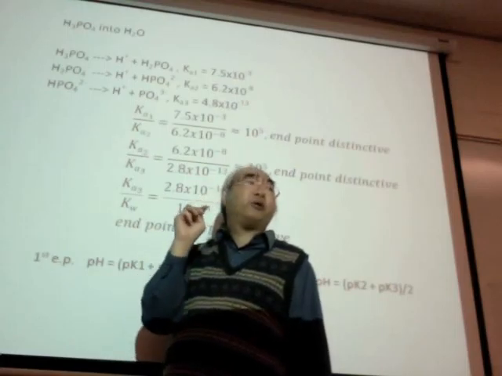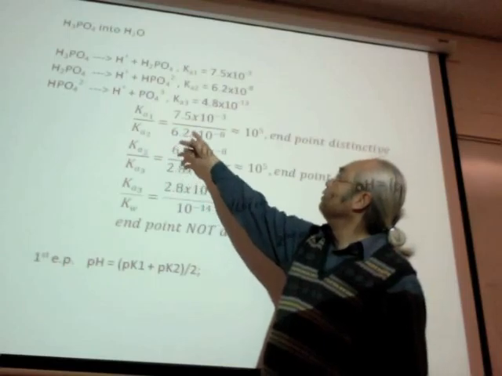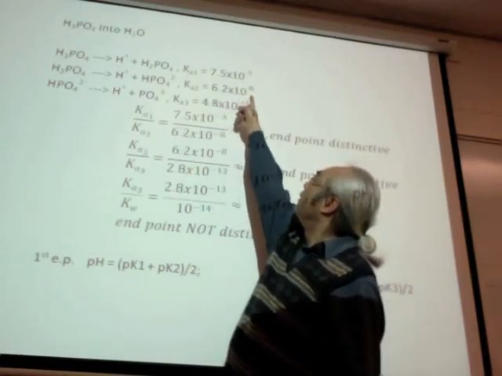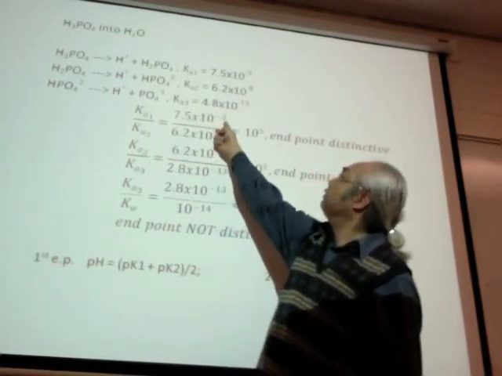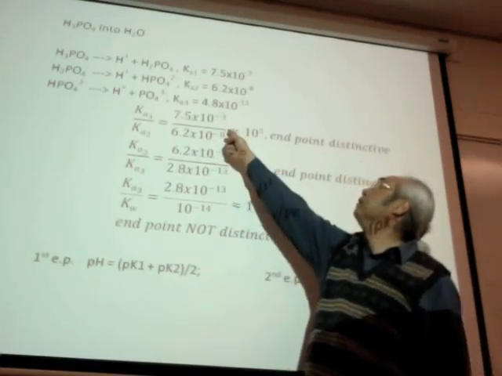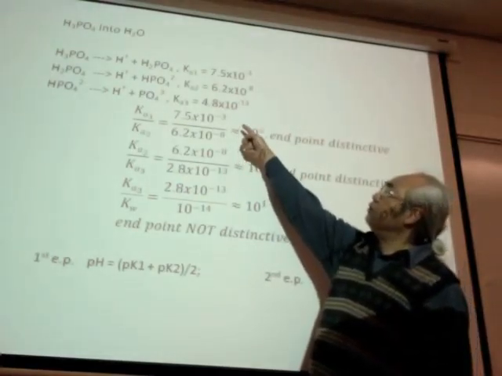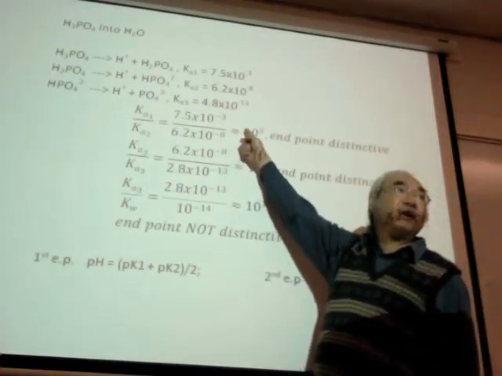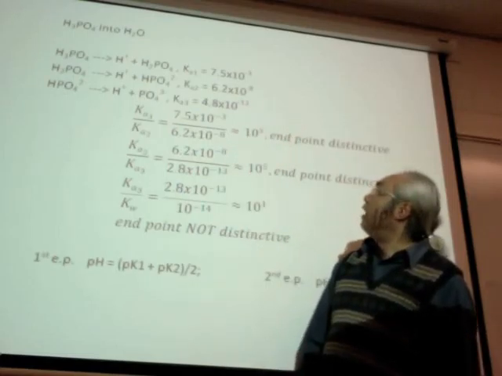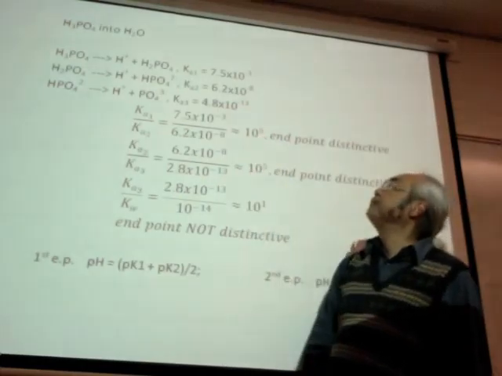I will have 3 breaks. Not so soon. Let's see what happens. Between Ka1 and Ka2, the ratio, the magic number 10 to the 4th, is larger. So you will get an endpoint right there, a break in the titration curve. You're going to get one.